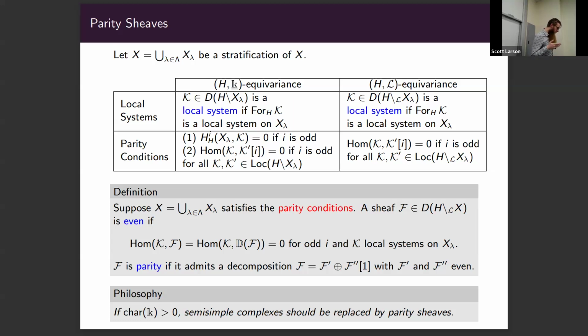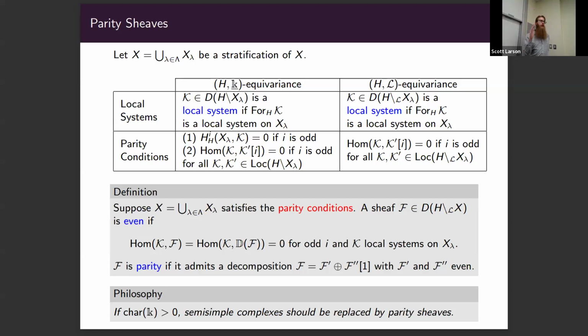And whenever we do have such a setup, we have something that satisfies the parity conditions. We can ask whether a sheaf is even or odd, and it very much rhymes. A sheaf is even if itself and its Verdier dual have no odd degree homs from any local system on one of the strata.